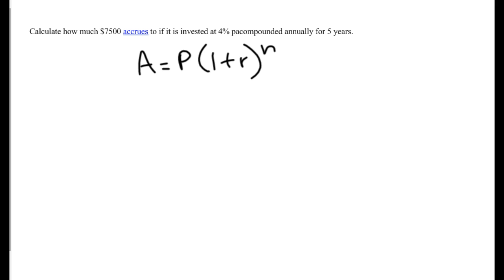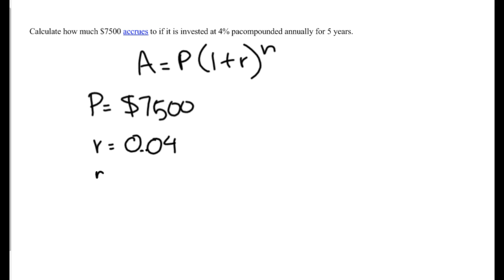Now, some people use capital R, I like to use little r, but that's a personal thing. So, my P is $7,500. My R is 0.04, and my N is 5 times that I'm compounding it. Okay, 5 years, and it's compounded annually.